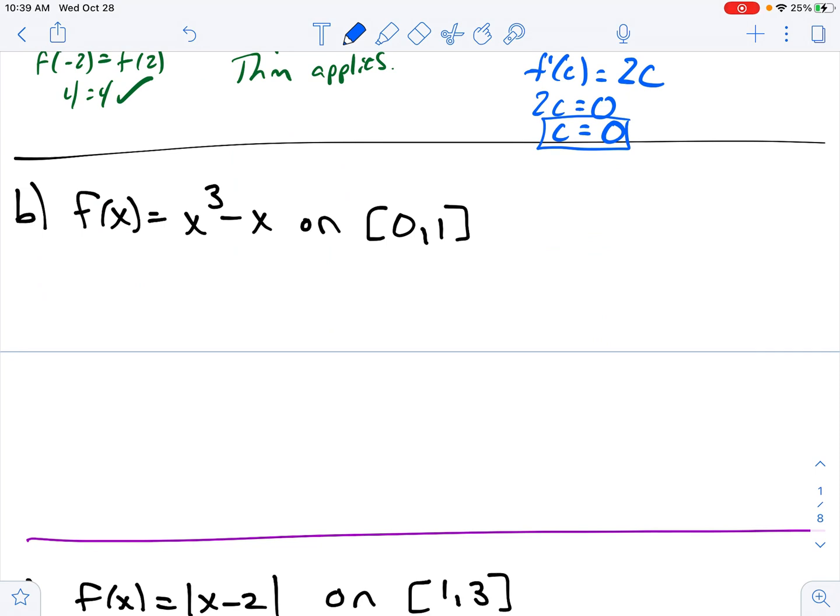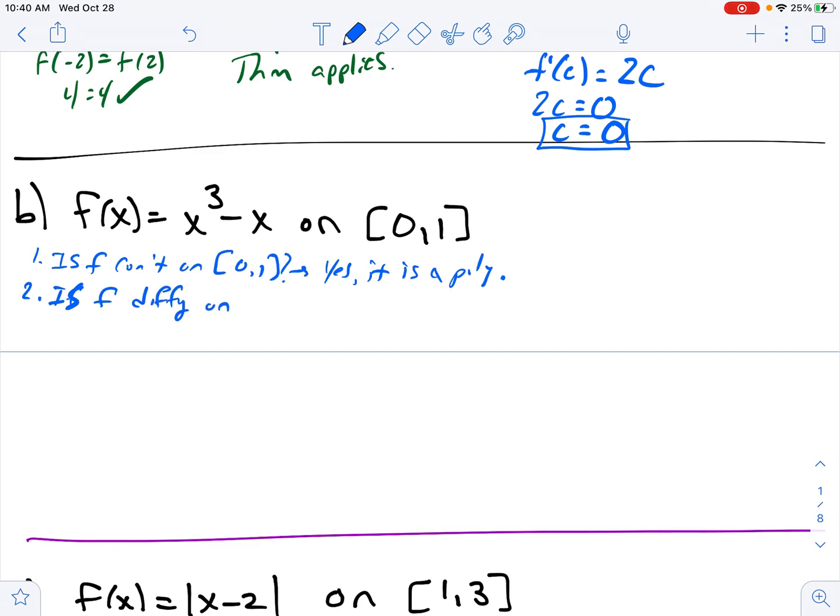Okay, so up next, B. We'll start going much quicker with these. f of x equals x cubed minus x on the closed interval 0, 1. Again, we have a polynomial. So is f continuous on the closed interval? Yes, it is a polynomial. Two, is f differentiable on the open interval?